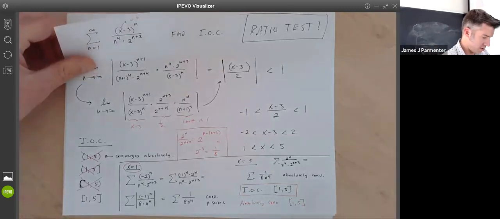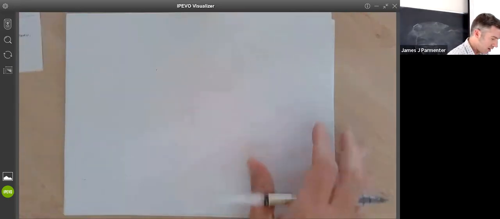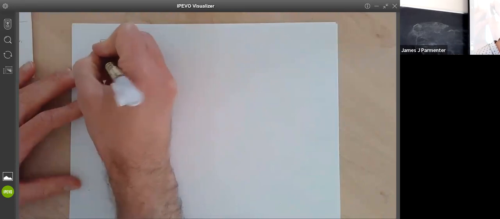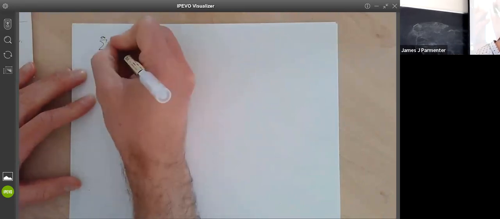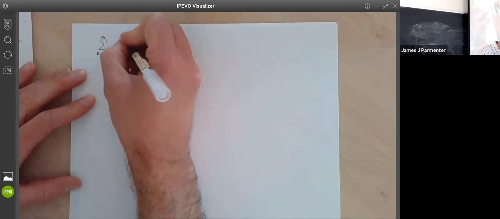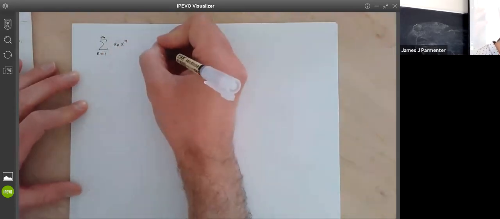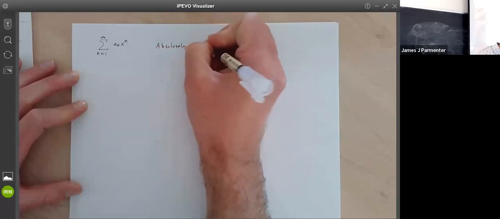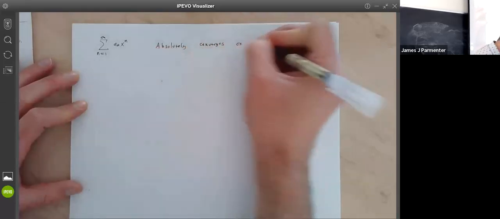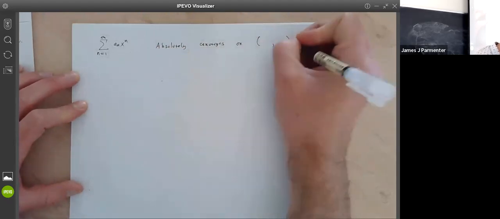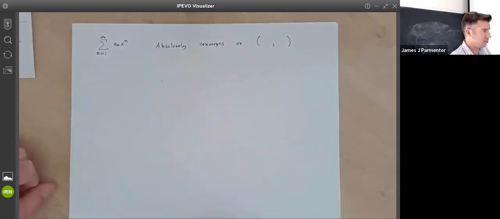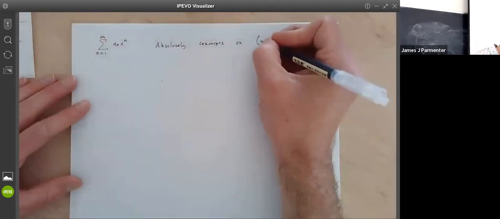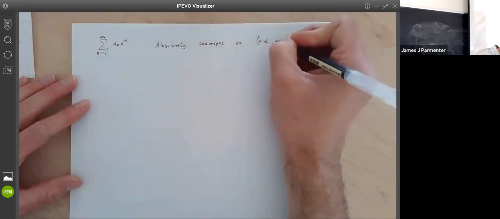So if you have some power series, sum from n equals 1 to infinity, it's always going to absolutely converge on whatever your exclusive interval of convergence is, whatever those numbers are. So in this case, I should really just say on a minus r to a plus r.